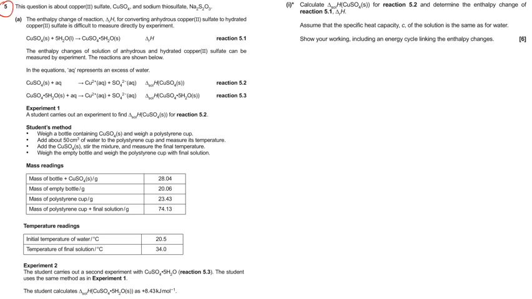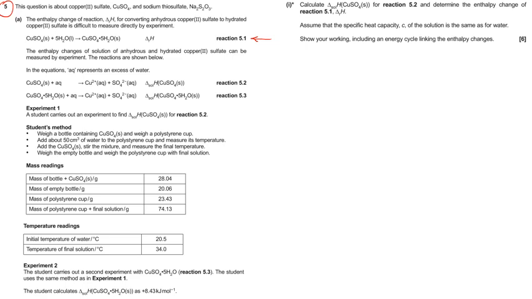And first of all, we're going to work out the enthalpy change of hydrating some anhydrous copper sulfate, as in this reaction here. Okay, so I'll let you read the question so that I can get on with the answer. So if you need a few minutes to read the question, pause and come back.